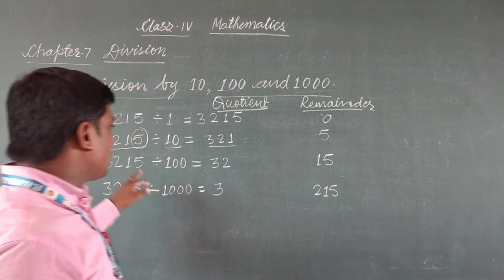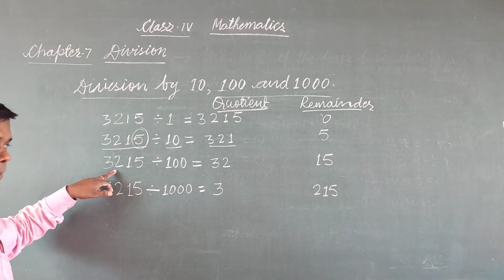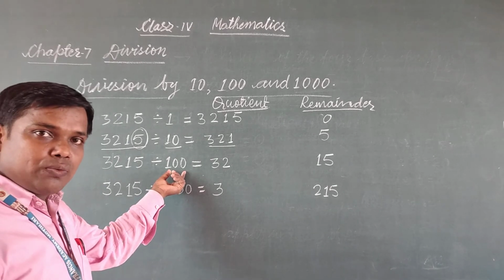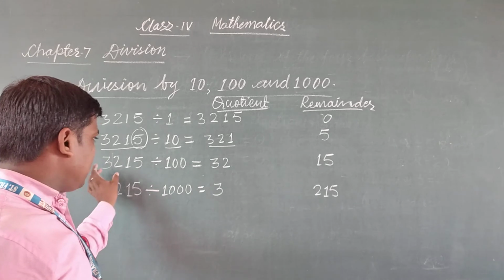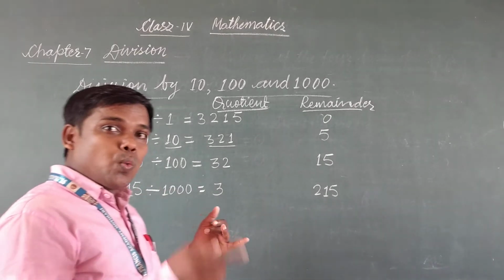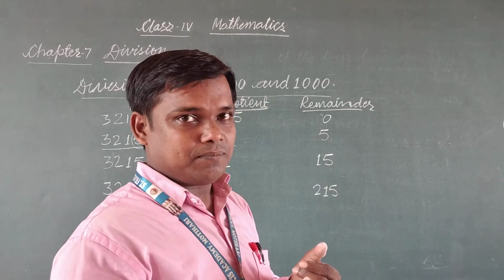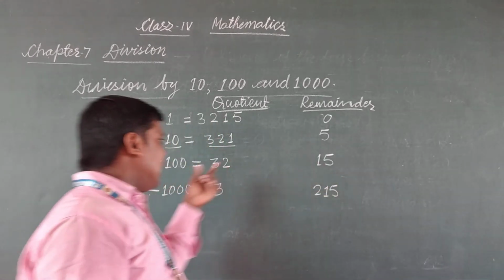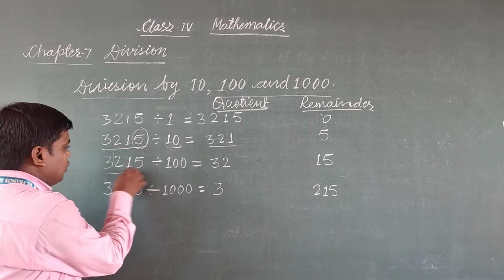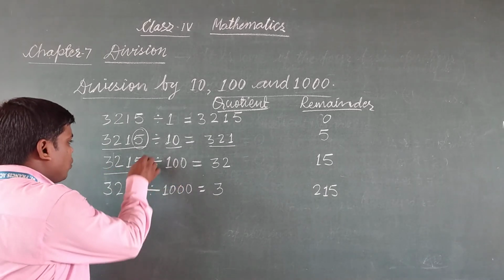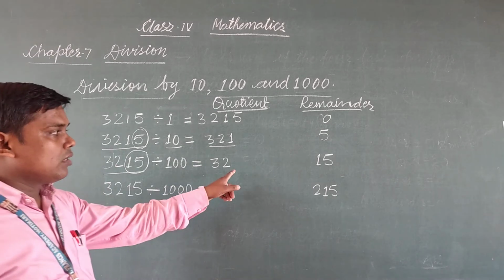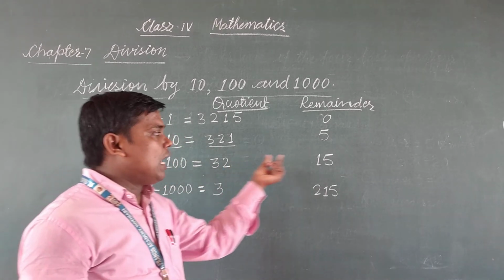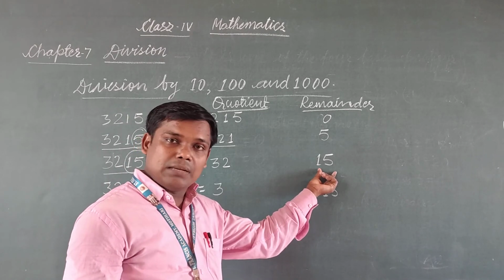Similarly, when we divide a number by 100, our quotient will be the number leaving out the ones and tens digits, and the ones and tens digits become the remainder. As you have seen, 3215 divided by 100. I have left the ones and tens digits, and our quotient is 32 and 15 is the remainder.